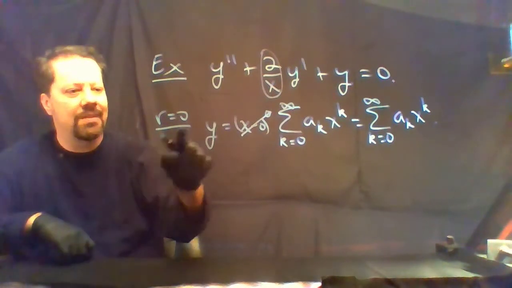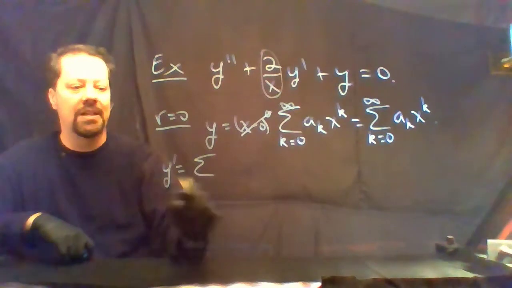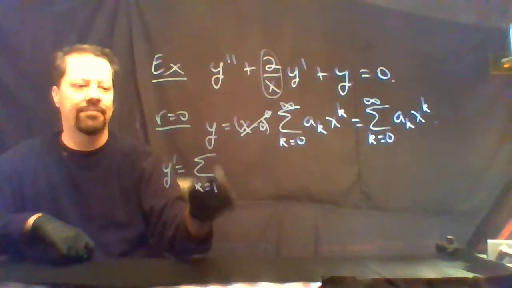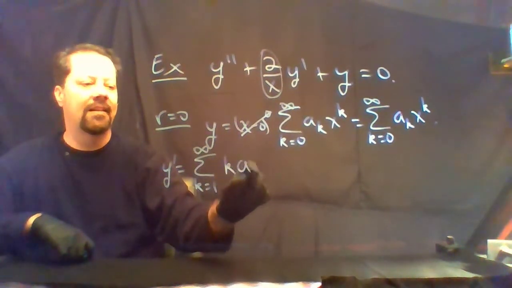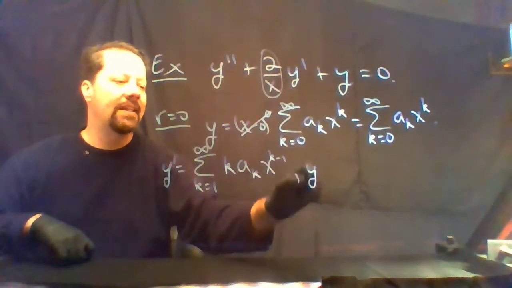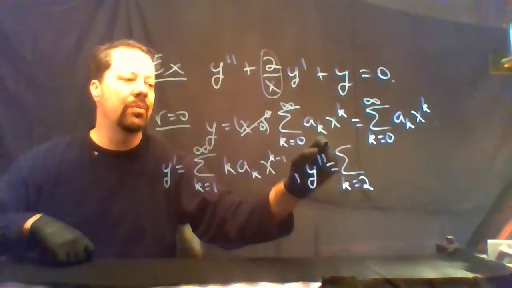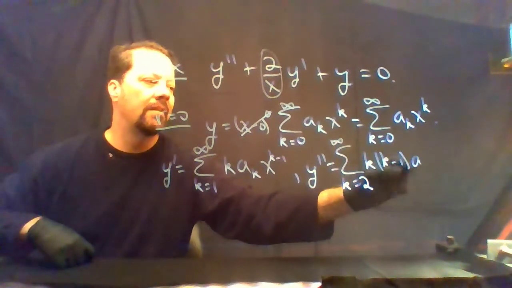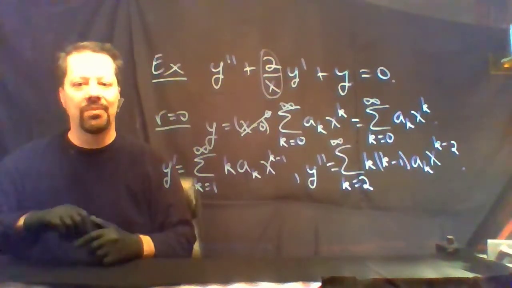Now, since r was equal to 0 in this case, when we take the derivative, we do need to pay attention to start at k equals 1. We are going to lose a term here. We'll have k, a sub k, x to the k minus 1, and y double prime will be the sum as k goes from 2 to infinity, k times k minus 1, a sub k, x to the k minus 2.